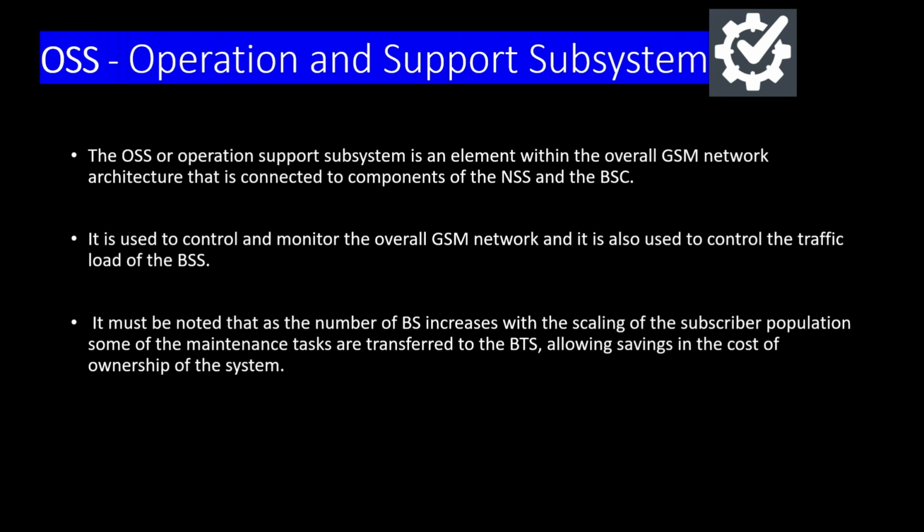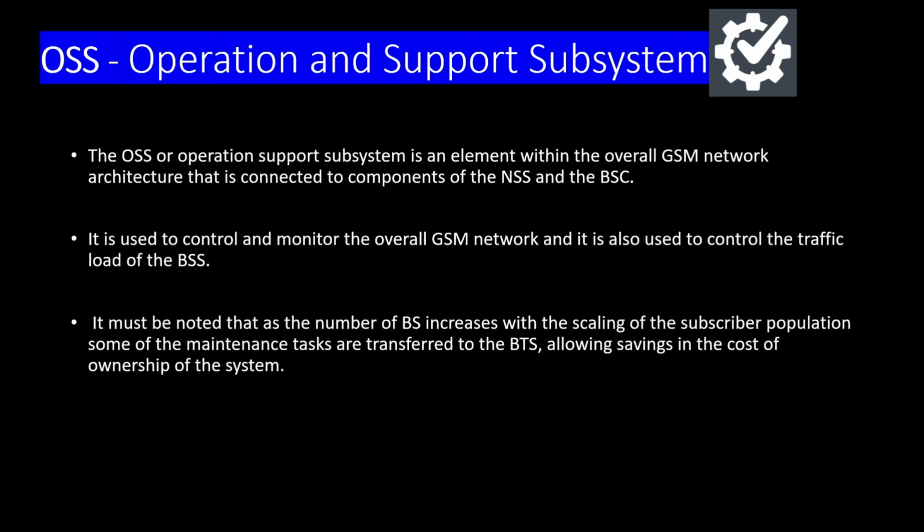The OSS, or Operation Support Subsystem, is an element within the overall GSM network architecture that is connected to components of the NSS and the BSS. It is used to control and monitor the overall GSM network, and it is also used to control the traffic load of the BSS.